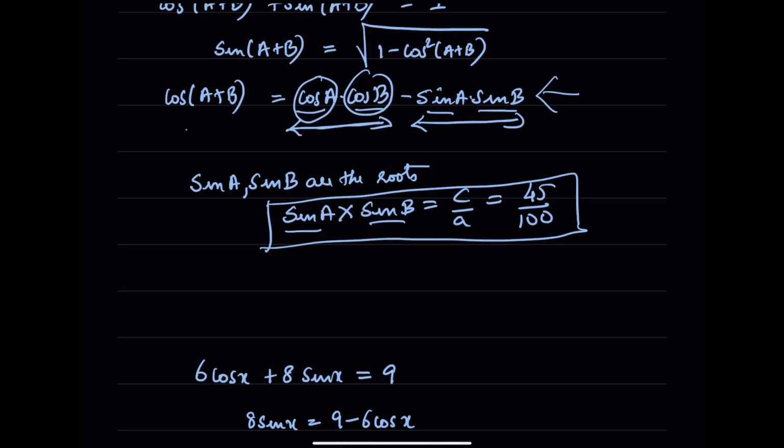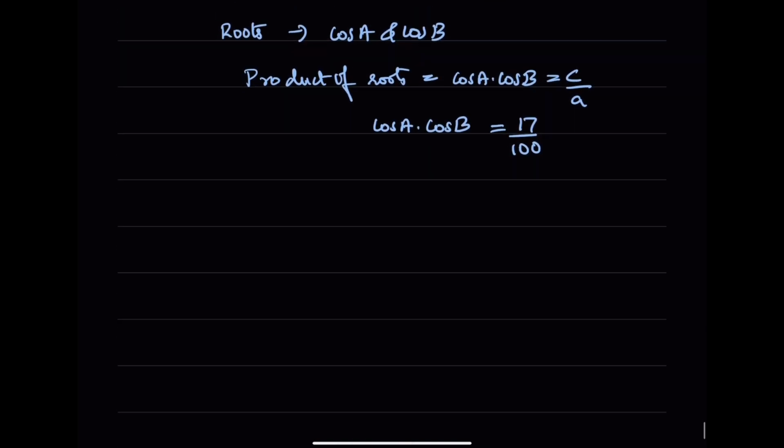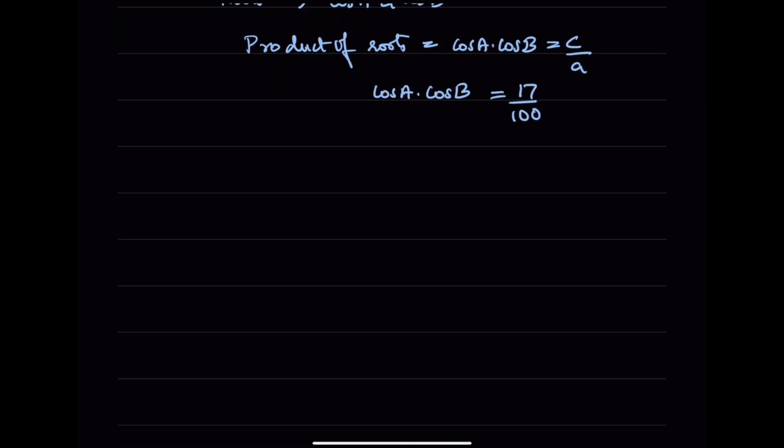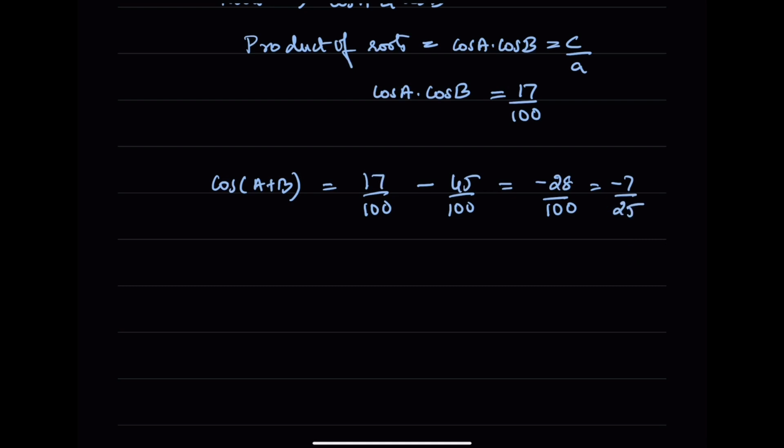Now we have to apply that in the cos of A plus B formula, which is CosA.CosB minus Sine A Sine B. So cos of A plus B is going to be CosA.CosB, which is 17 by 100, minus Sine A Sine B, which is 45 by 100, and when we simplify this, this will be minus 28 by 100, which is equal to minus 7 by 25.